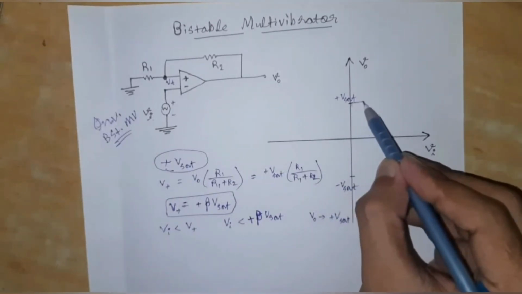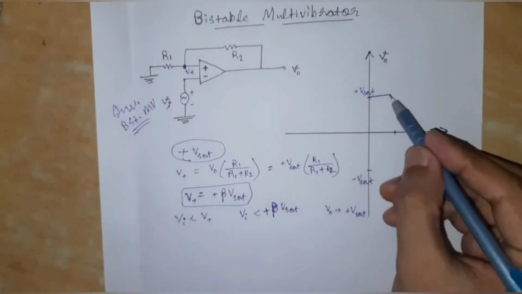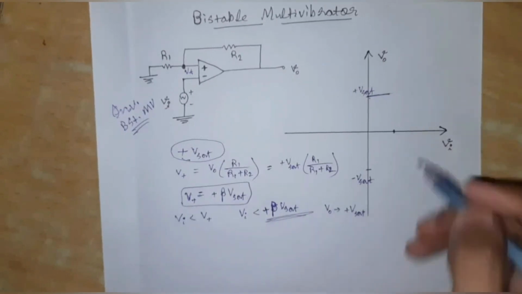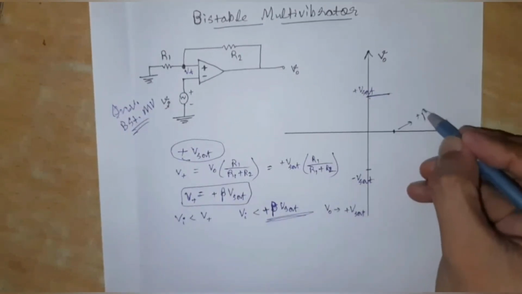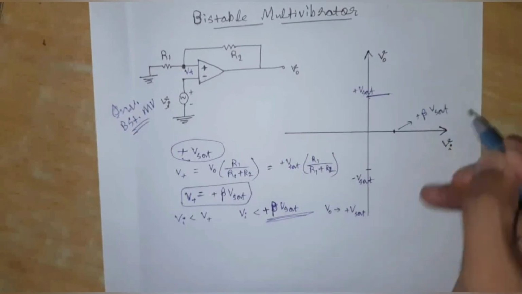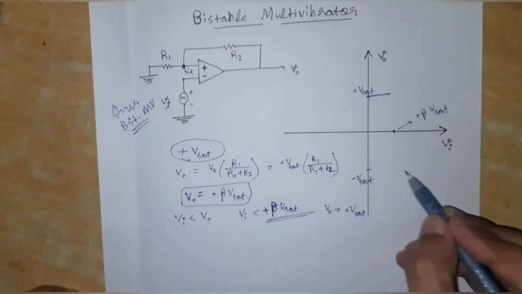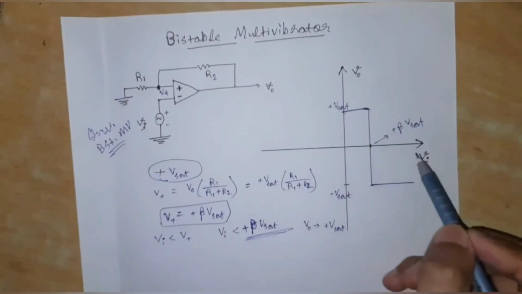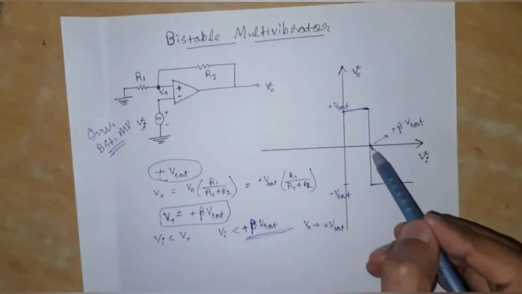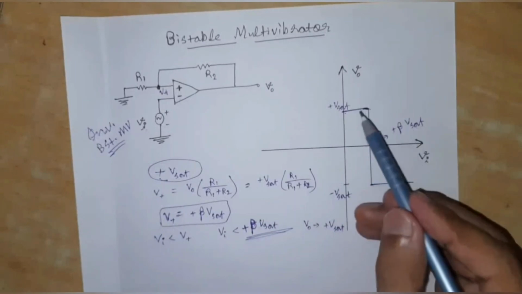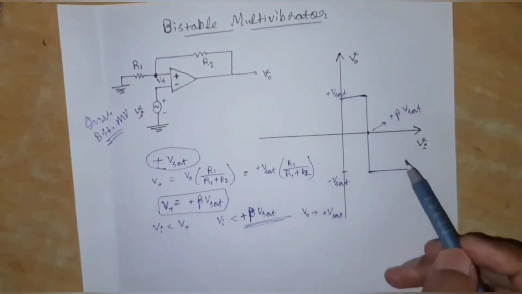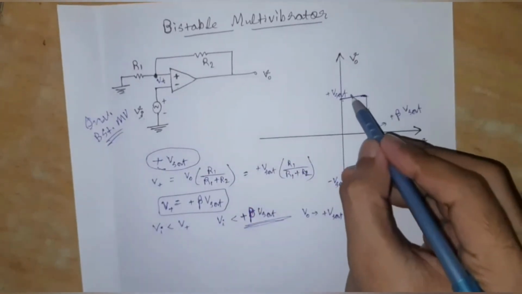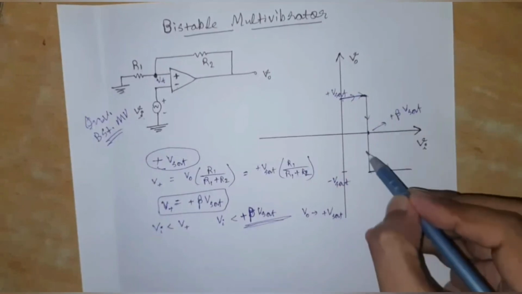As soon as this V input crosses this point, plus beta VSAT, the output will become minus VSAT. We kept on increasing V input, and at the point plus beta VSAT, it changes from plus VSAT to minus VSAT. We can show this progression in this manner.